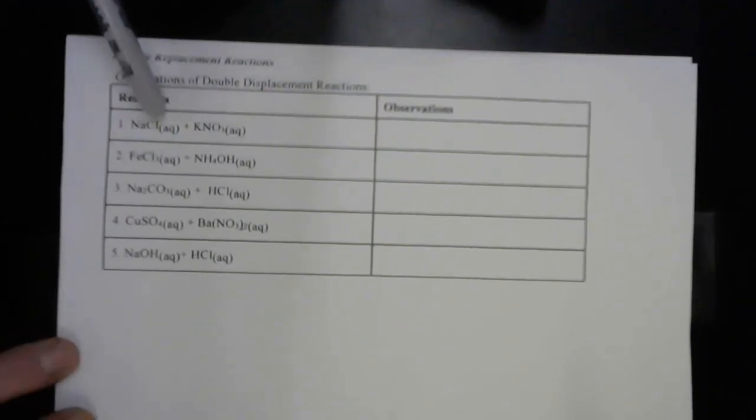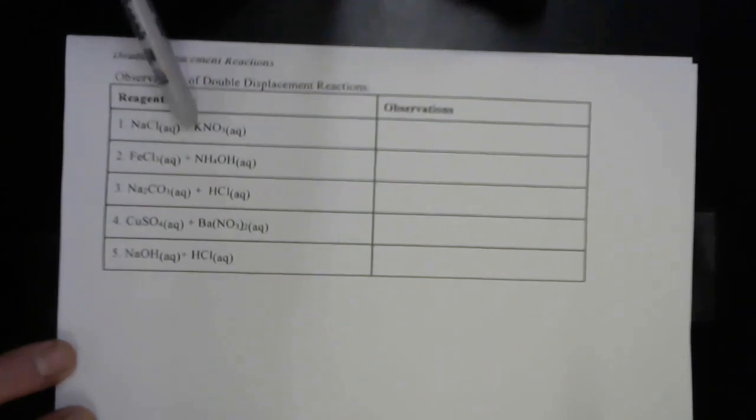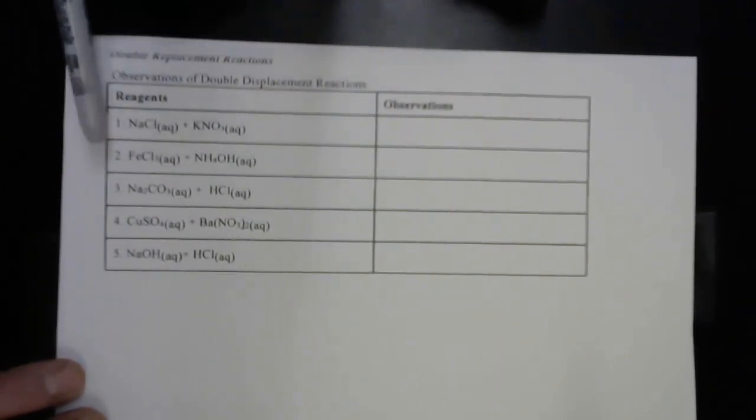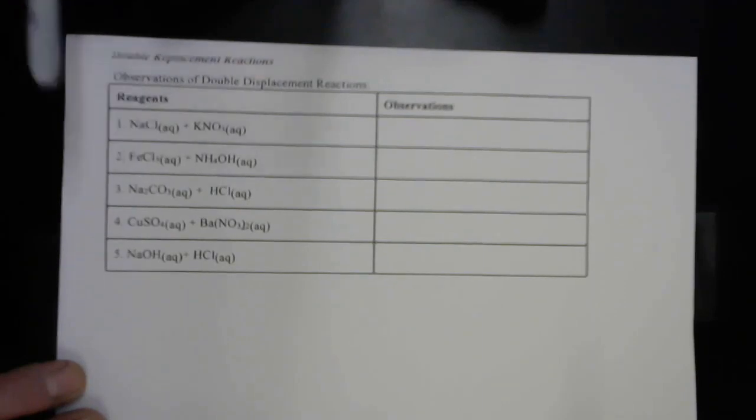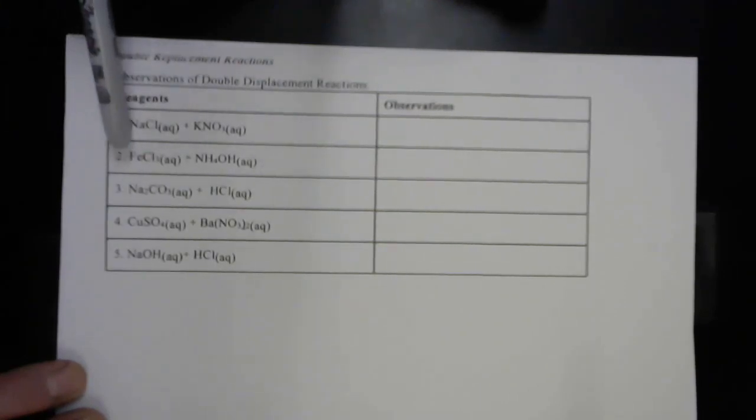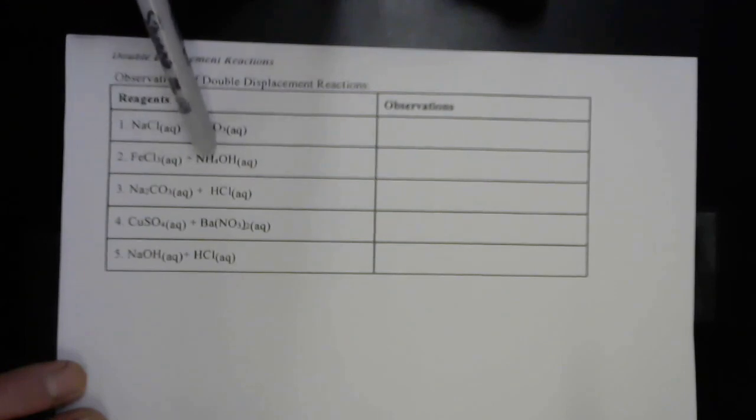Well, the first one, no precipitate, no bubbles, no temperature change, right? You could write those in over there. That was sodium chloride plus potassium nitrate. Second reaction was iron 3 chloride with ammonium hydroxide.